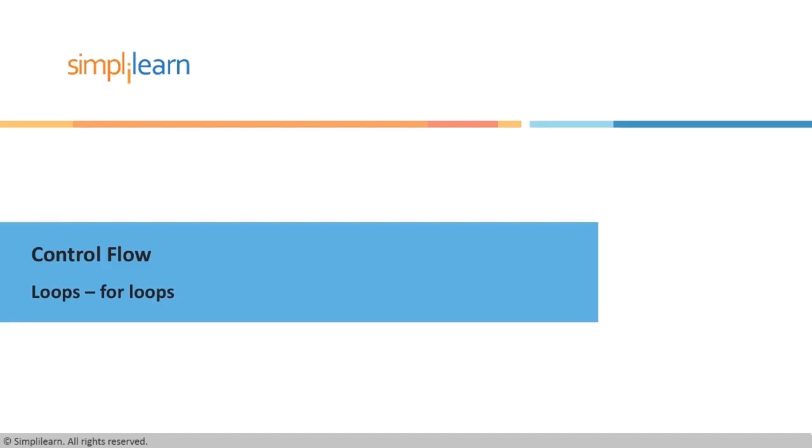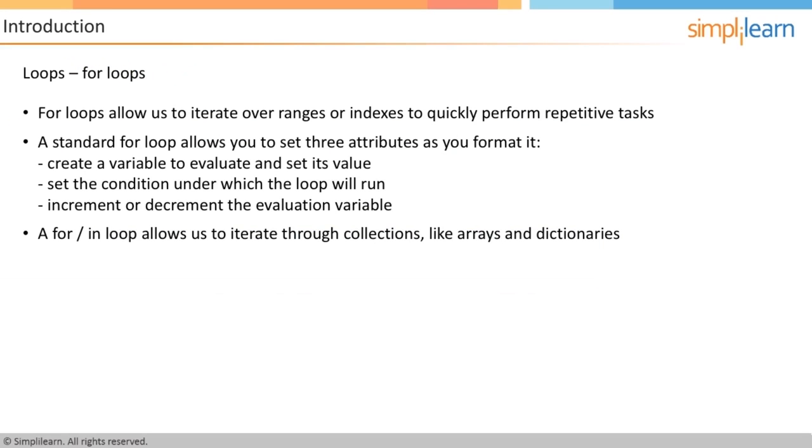So we're still talking about control flow, but we're going to switch to loops, and specifically the for and the for-in loop. So it's time for your tech info bite on loops. For loops allow us to iterate over ranges or indexes quickly to perform repetitive tasks.